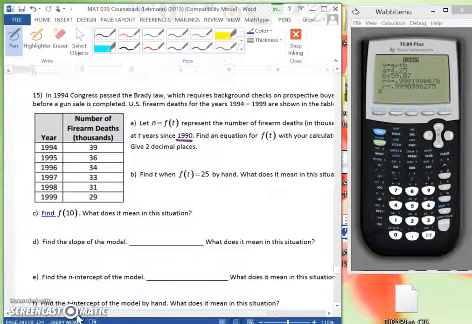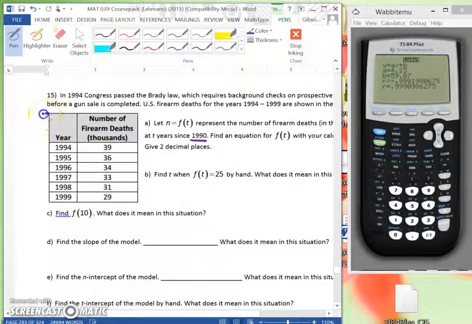So now if we look here, they said that this is since 1990. So we know we're going to have to do another column here for the years to reflect since 1990. So this would be 4, 5, 6, 7, 8, and 9.